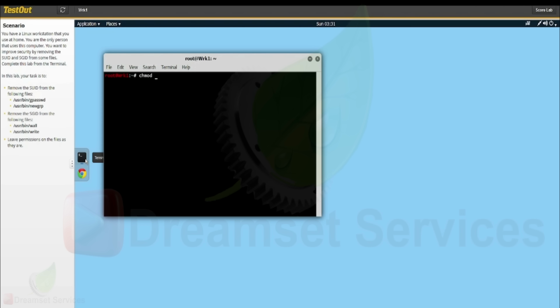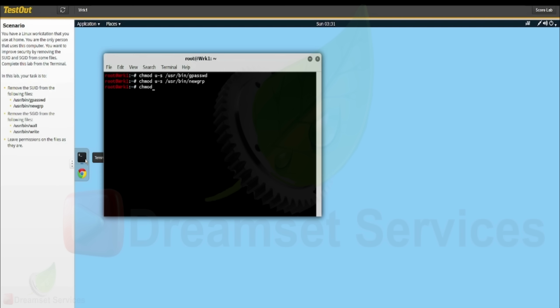You type in chmod u-s /usr/bin/gpasswd, press enter, and then chmod u-s /usr/bin/newgrp.